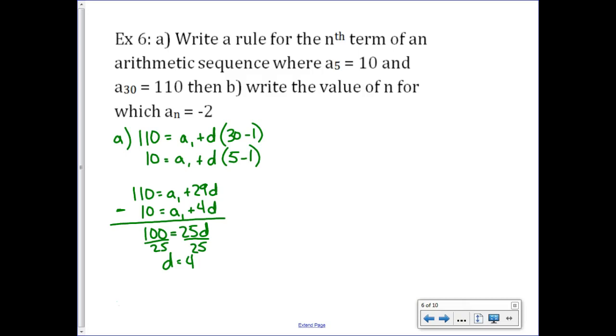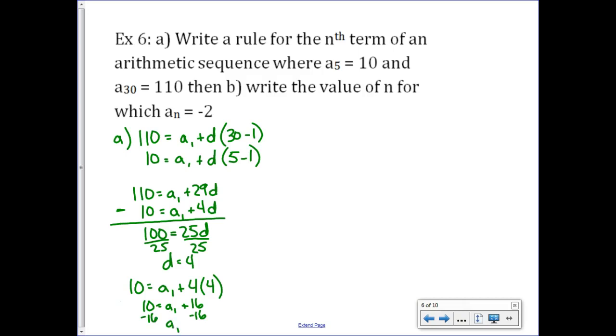We're still not done because we still don't know what a sub 1 is. So I'm going to use the smaller value here, 10 is equal to a sub 1 plus, and I'm going to use this simplified equation, 4 times d, so 4 times 4. So then I get 10 is equal to a sub 1 plus 16. I'm going to subtract 16 from both sides.